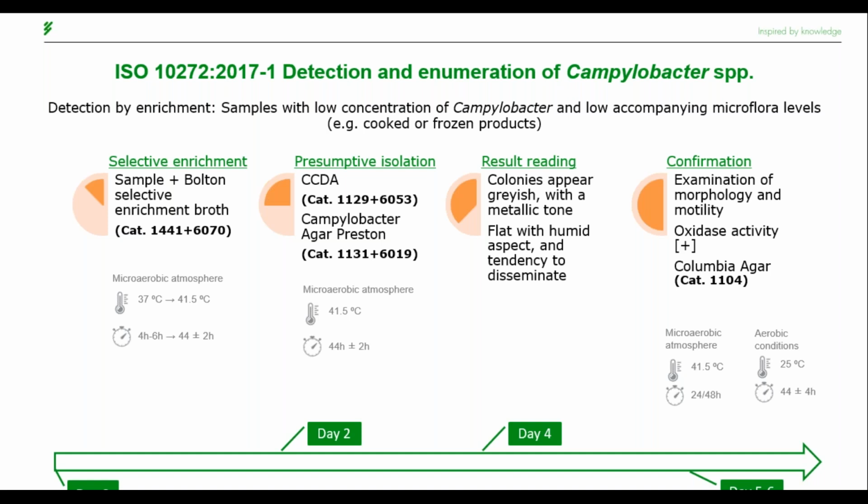At the same time, an aerobic growth test on Columbia agar must be incubated at 25 degrees Celsius aerobically for 44 hours and the plate examined for absence of growth of colonies, because, as we've previously discussed, Campylobacter species are either anaerobic or microaerophilic. Optionally, the Campylobacter species can be identified by specific biochemical tests and/or molecular methods.